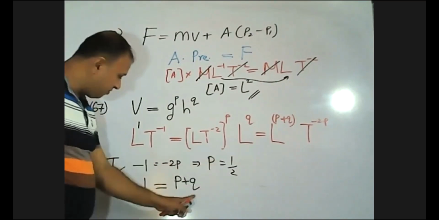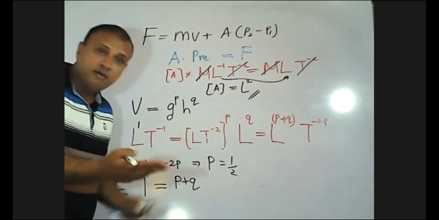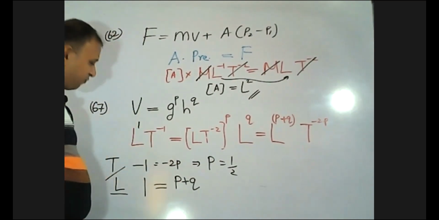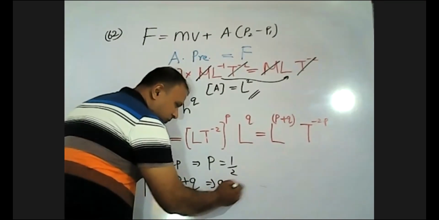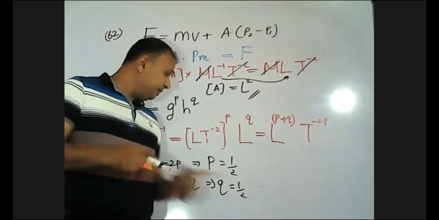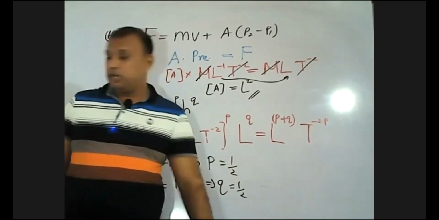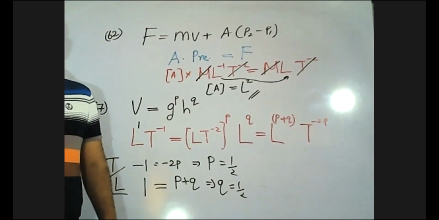If P is half, Q also half, no? Half plus half, full 1. Therefore, Q also equal to half. Then P is equal to half and Q is equal to half. Answer number 1.